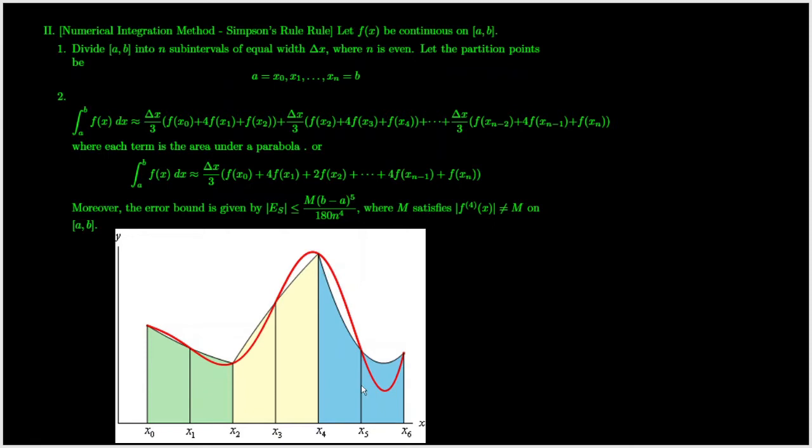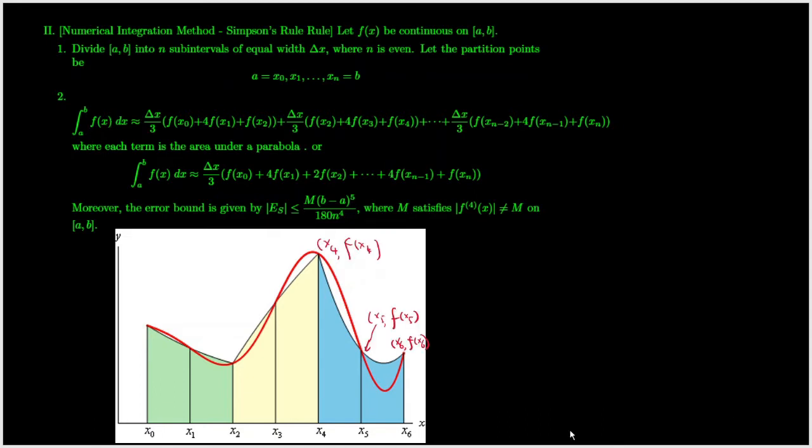I will repeat. The idea is to use the sum of the areas under many parabolas to approximate the area under the graph of the function from a to b, which is the definite integral of the function from a to b.